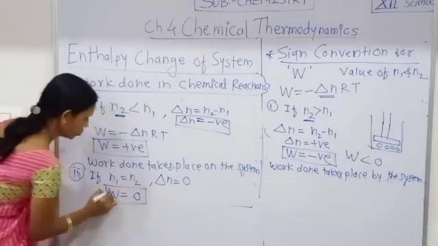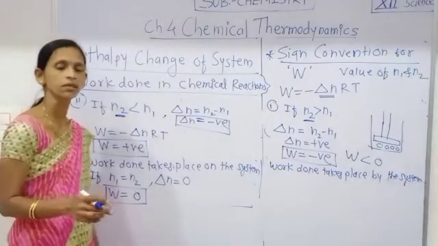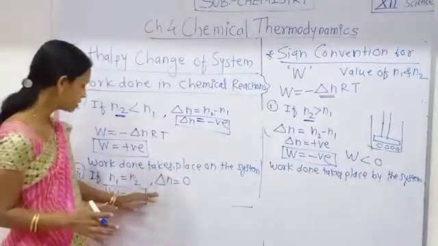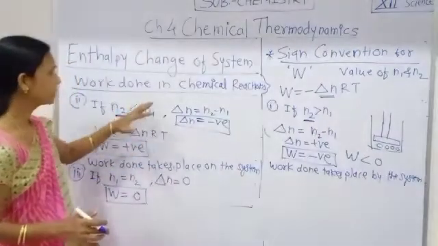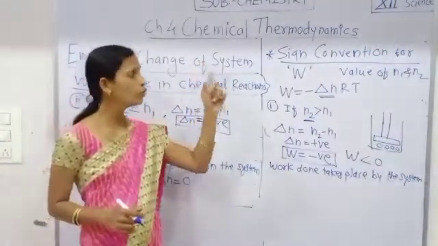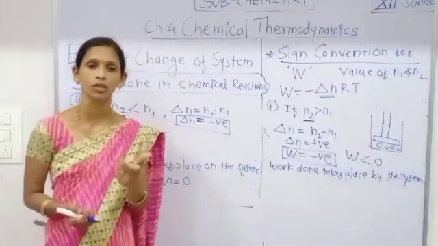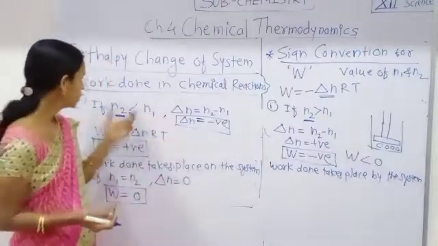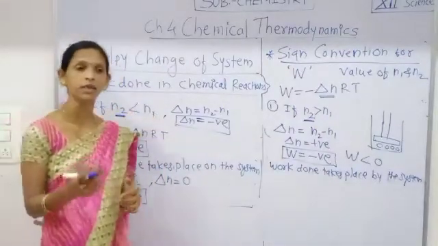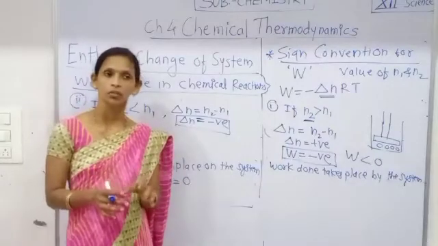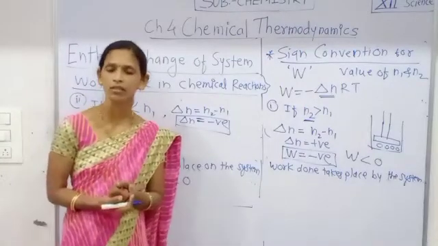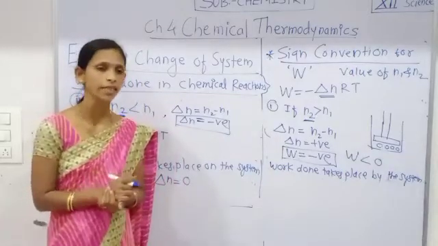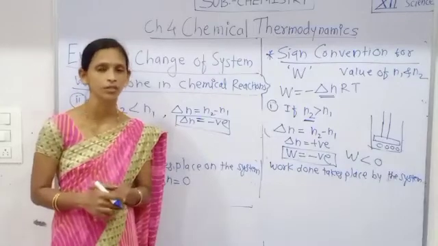That means the work done in the system is 0, no work is done in the system. So the sign of work done also depends upon the number of moles of gaseous reactants and products involved in the reactions taking place in the system. That is about the enthalpy and enthalpy change of the system.